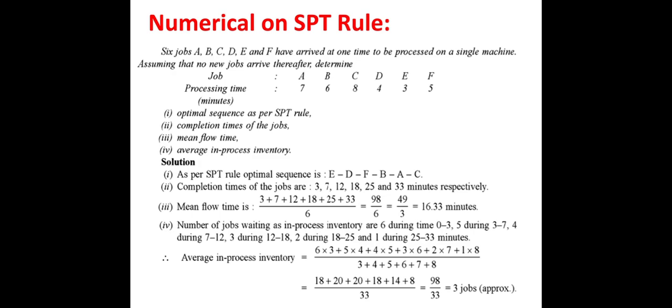The table gives the job names, A, B, C, D, E, F, and processing times in minutes. To process job A, the time required is 7 minutes. Similarly B is 6 minutes, C is 8 minutes, D is 4 minutes, E is 3 minutes and F is 5 minutes. So we have to determine the optimal sequence as per the SPT rule, completion times of the jobs, mean flow time, and average in-process inventory.